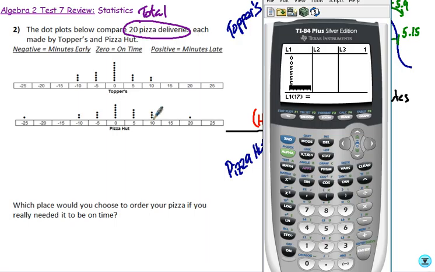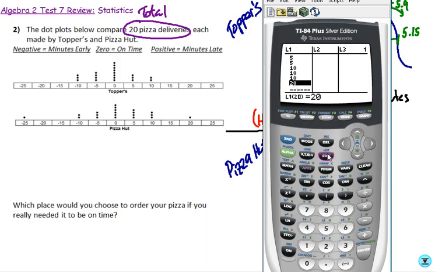And late 10 minutes, that happened 3 times. And then they were late by 20 minutes, that happened once. Again, this was over 20 pizza deliveries, right? Remember we said total of 20? So we should have a total of 20 numbers, and we do.